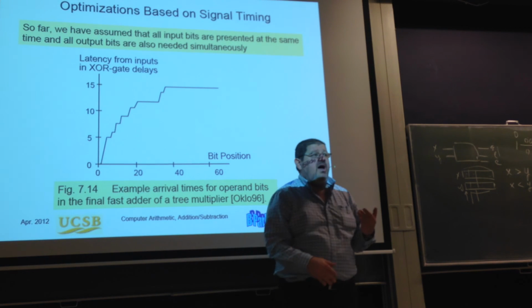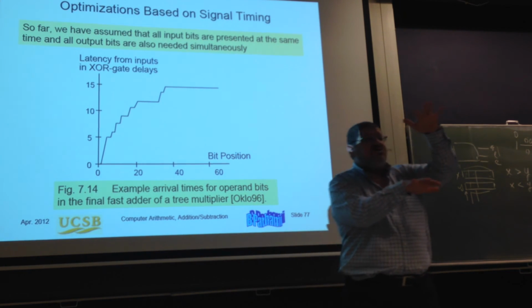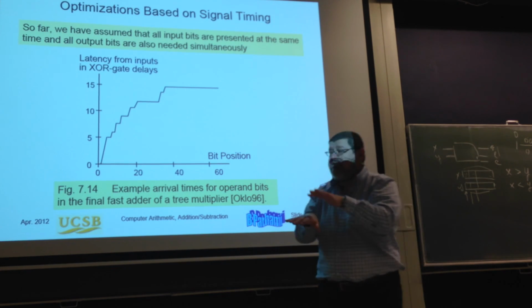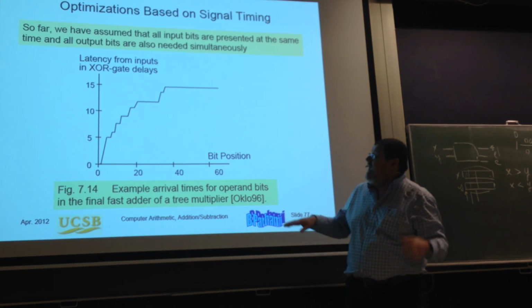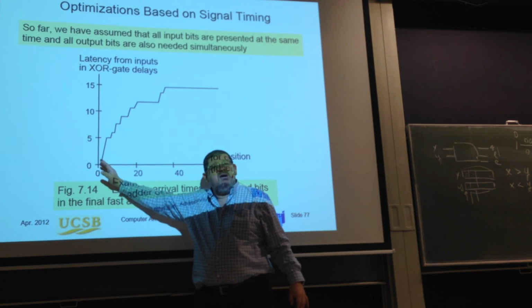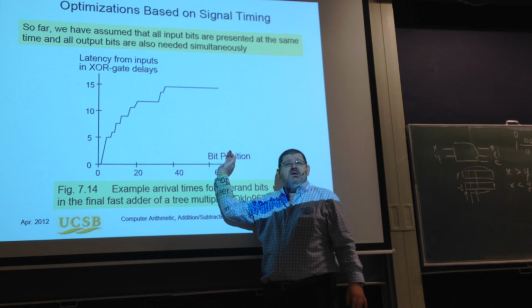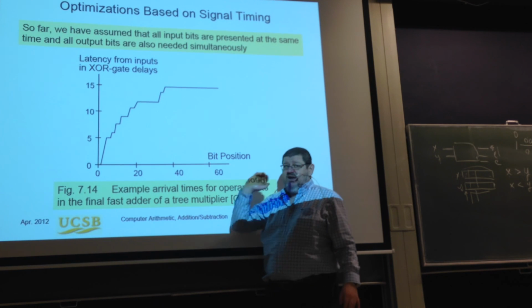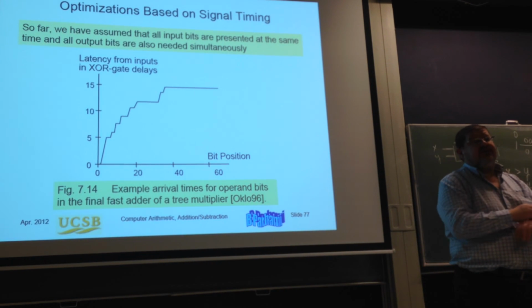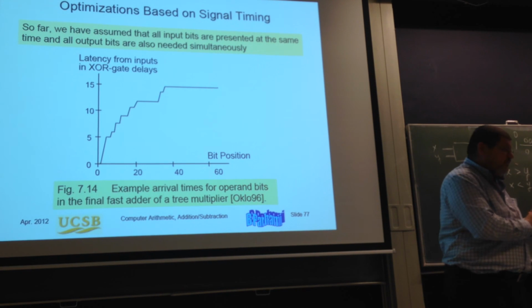In a multiplier, you essentially have one stage which is doing partial product reduction, and another stage which is finalizing the sum. Bits which are in the least significant position are coming earlier than bits which are in the most significant position. That can be utilized in optimization.